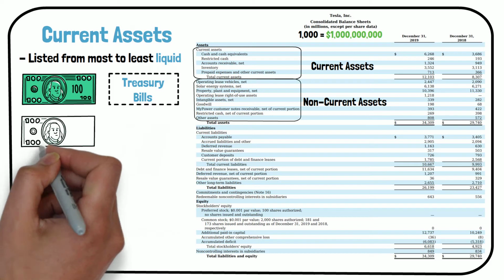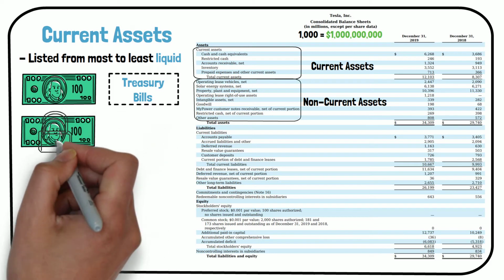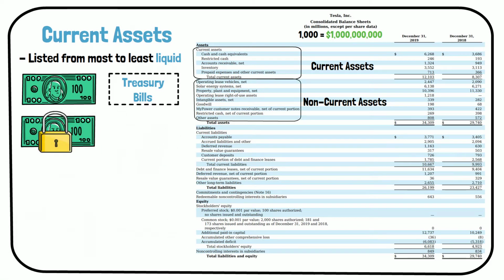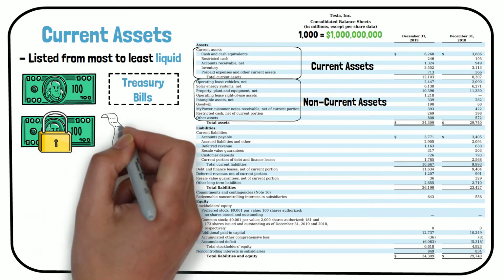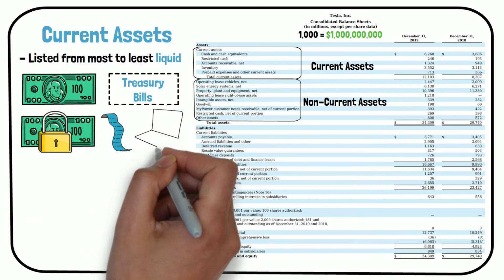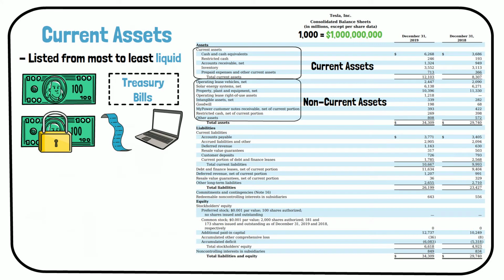Restricted cash is the cash the business has set aside for the future year to pay for specific debt repayments, equipment purchases, or investments. The restricted cash cannot be used for any other purpose than for what the business lists. Accounts receivable is the amount of money that is owed to Tesla from buyers that have not yet paid.